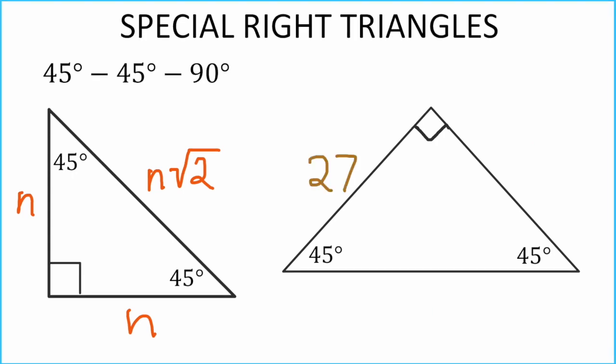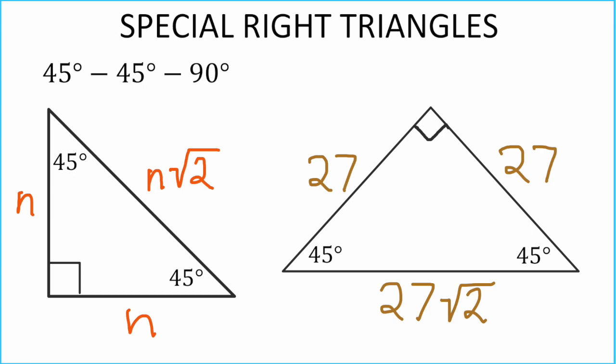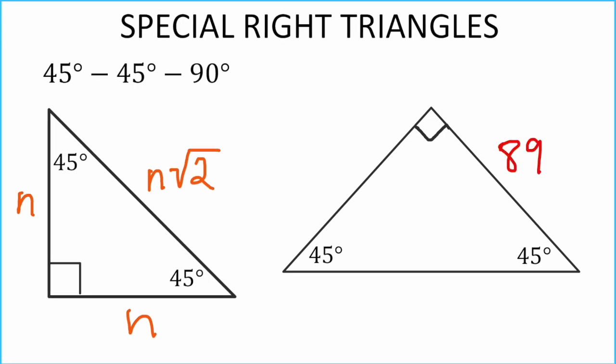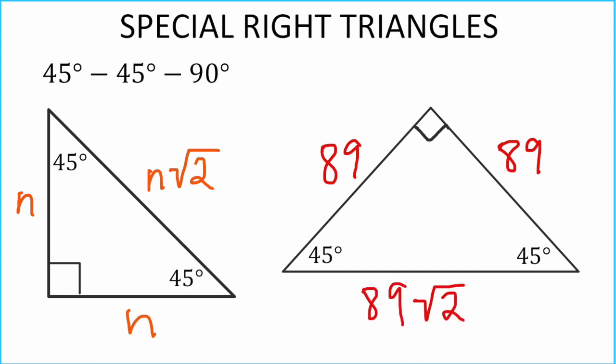Show me the pattern. 27, 27, 27 radical 2. This is getting easy. Let's try another one. What if I say 89 is over there on the right side for one of the legs? Show me the pattern. 89, 89, and 89 radical 2 for your hypotenuse.